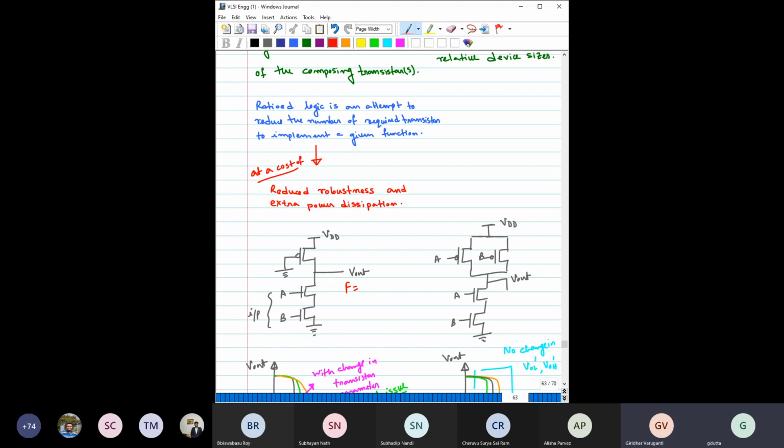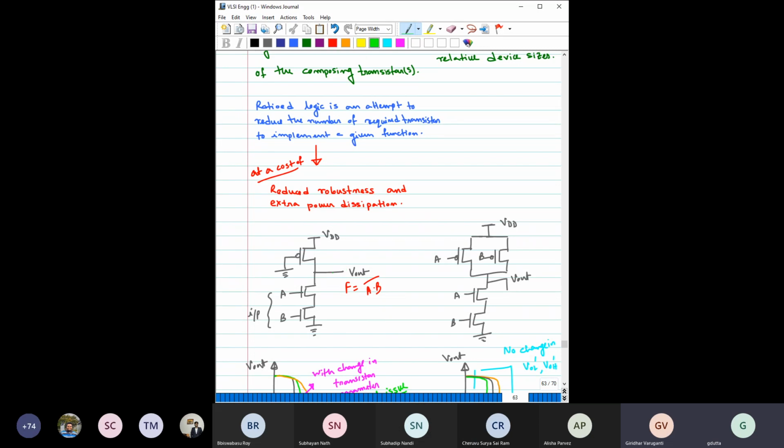So please tell me, what is this? A B bar. Do others agree with Alisha? Yes, sir, it is AB bar.